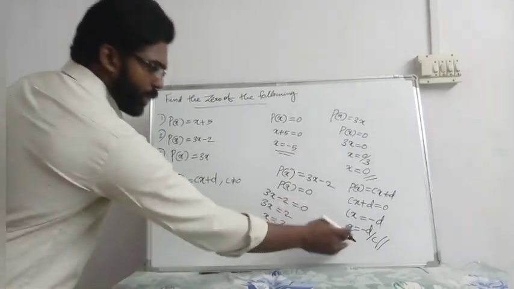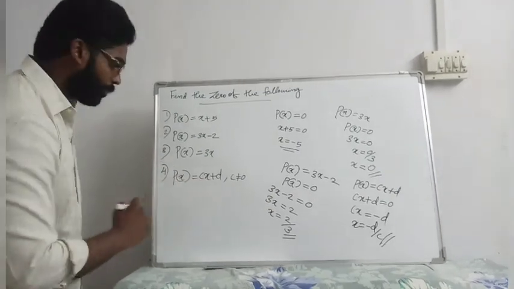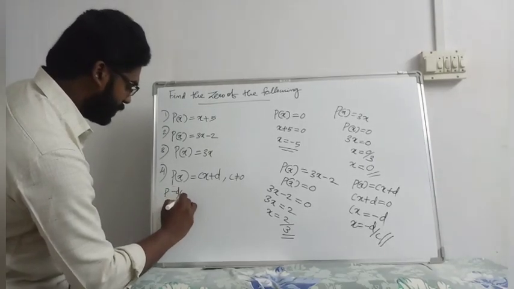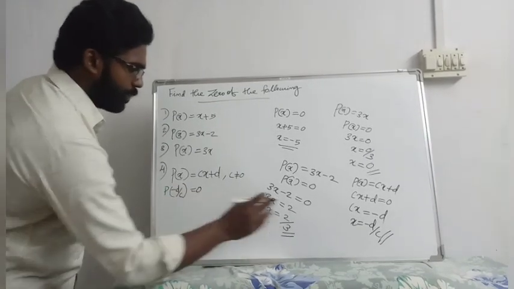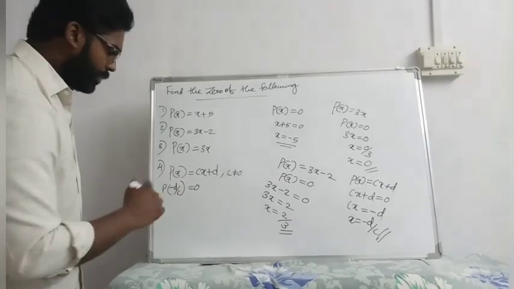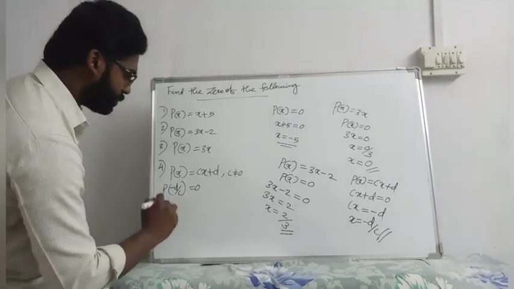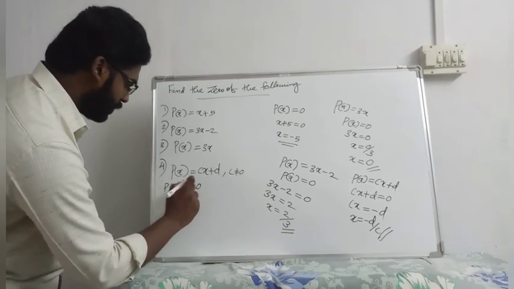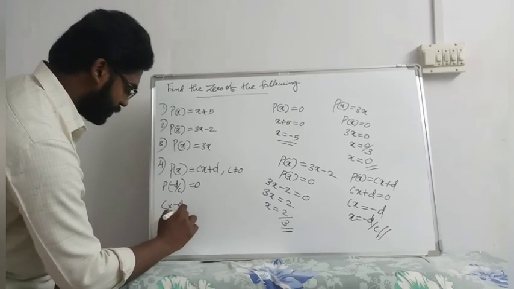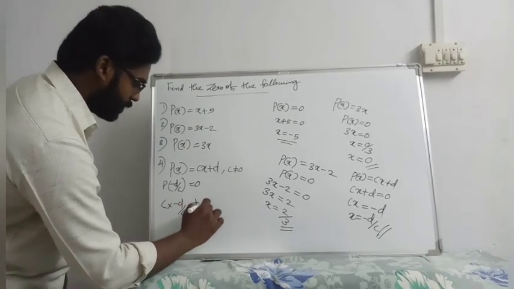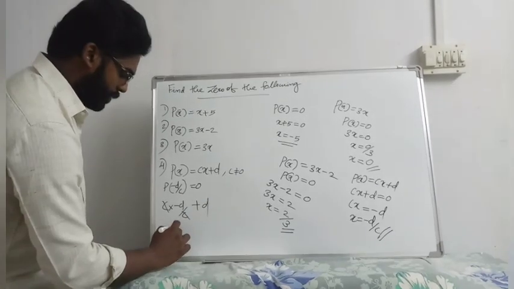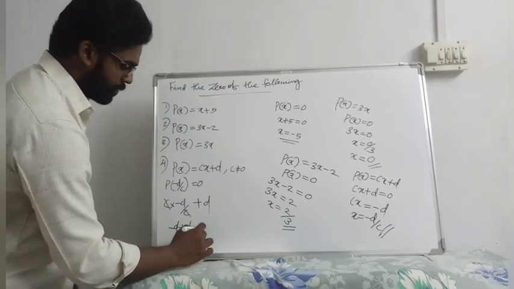If you want to check, we can check P of minus d by c equal to 0. In P of x, instead of x we put minus d by c: c times minus d by c plus d. The c and c cancel, giving minus d plus d. What is our answer?